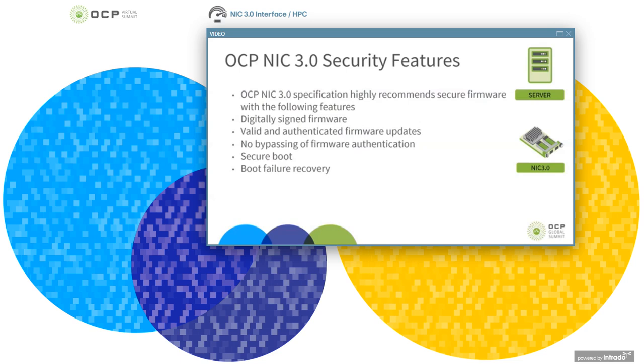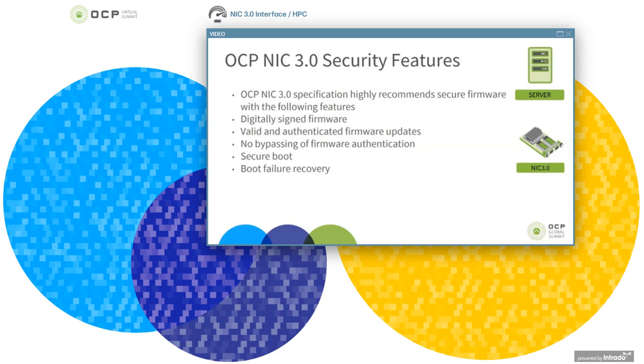Also built into that secure boot, you want to have recovery from boot failure. What I mean by that is if you have two images and you're maintaining one for redundancy, and during boot one of them fails, you should be able to fall back to the second image. That's one example. Another could be that you always keep a recovery image.